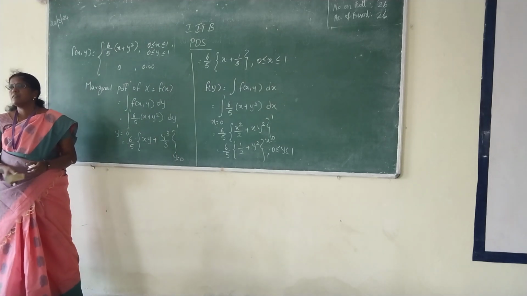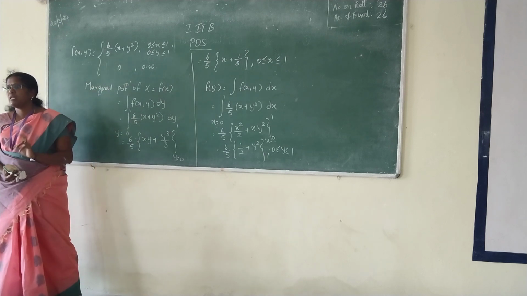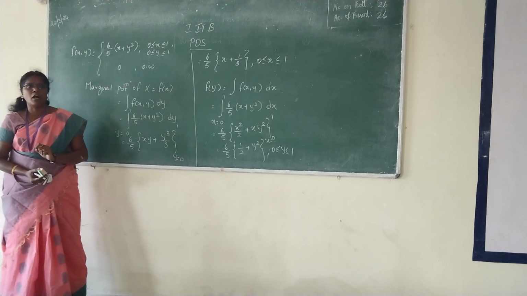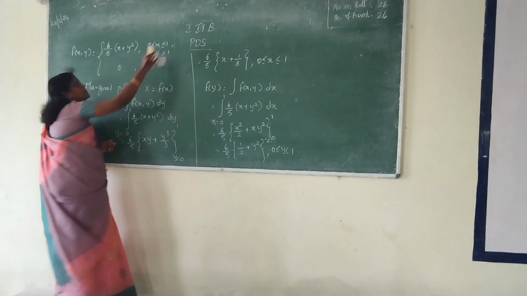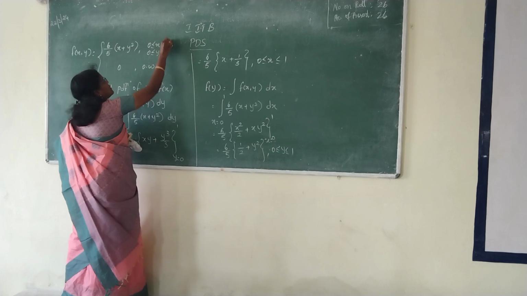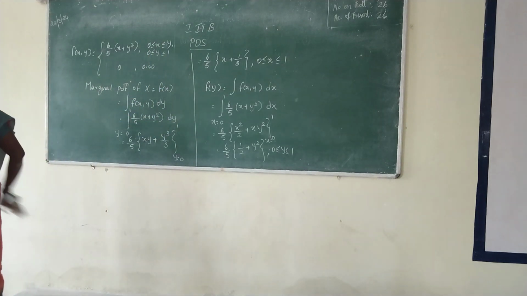Understood? This will be so much easy like this if both are constant limits. If the limits are going to be dependent ones, then how will you solve? If the limits are given like this, what will you do?